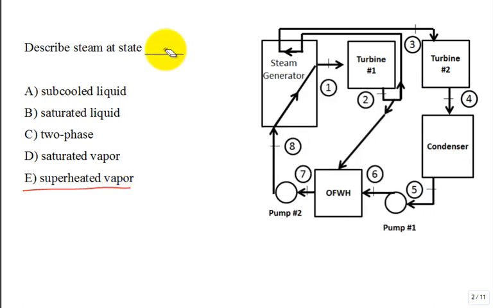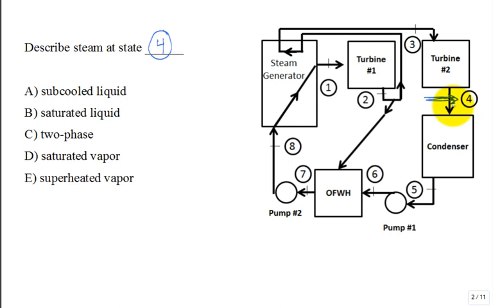Here's another question. What is the condition of the state at 4? State 4, how would you describe it typically? I mean, you could change some parameters and it could change a little bit, but what we've been doing is talking about steam, and what do you expect state 4 to be?